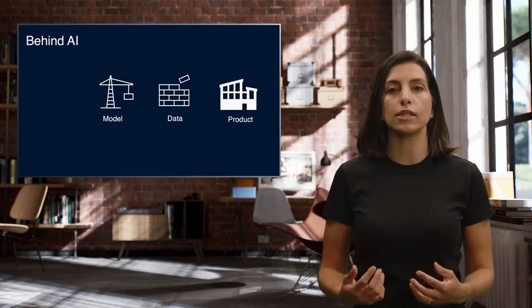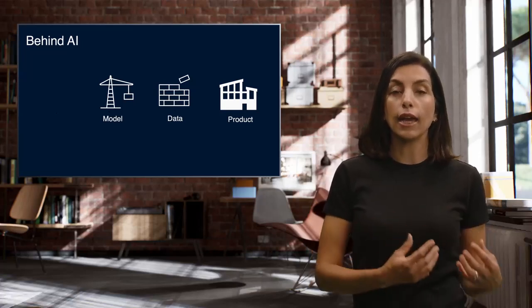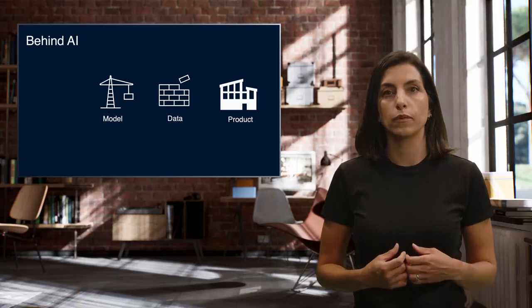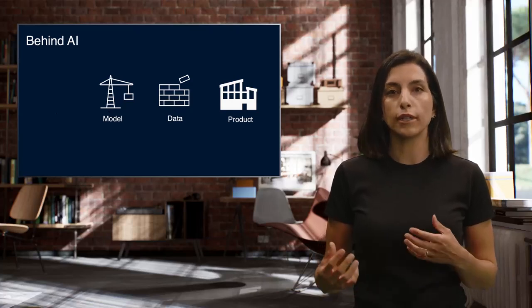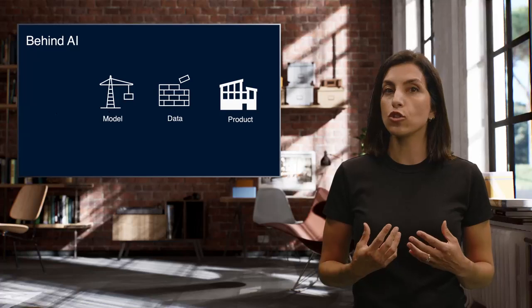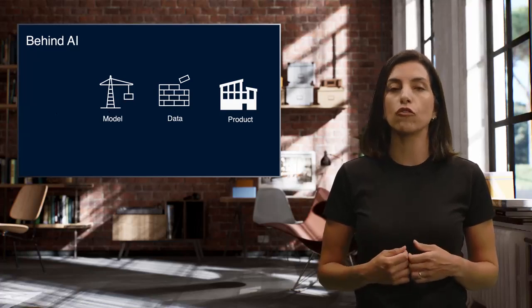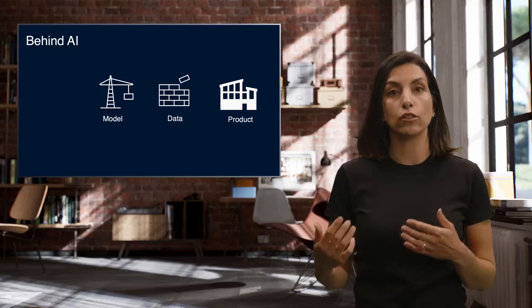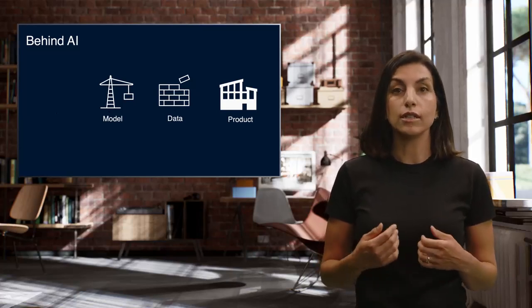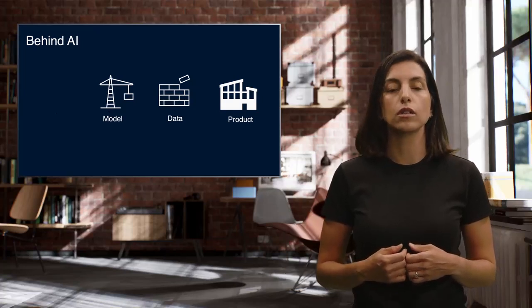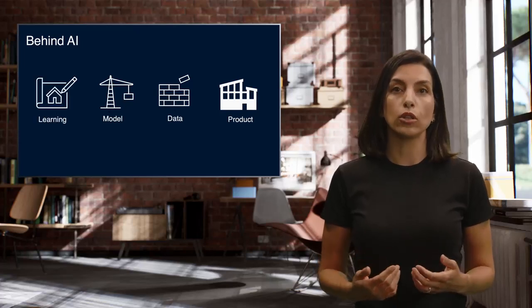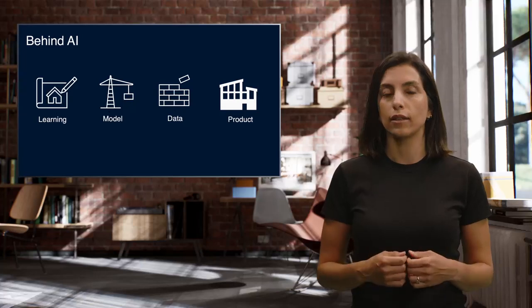Next, a tool is needed to integrate data into the AI product. This is often the deep neural network. A deep neural network is a type of artificial neural network that consists of multiple layers of interconnected nodes, designed to process and learn from complex data patterns. Last but not least, we need a plan.